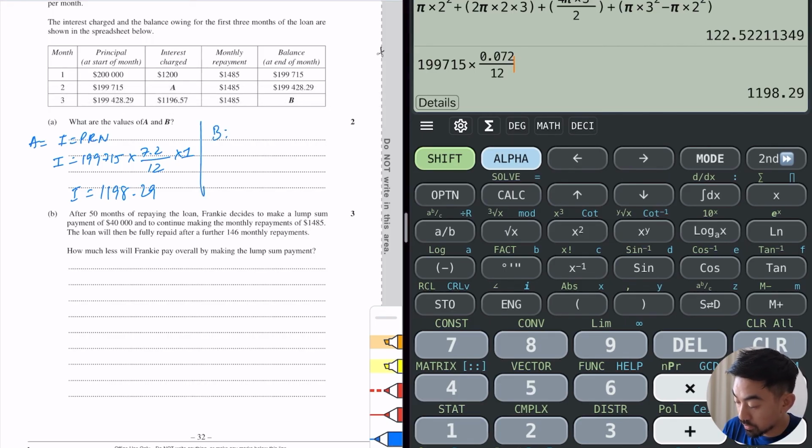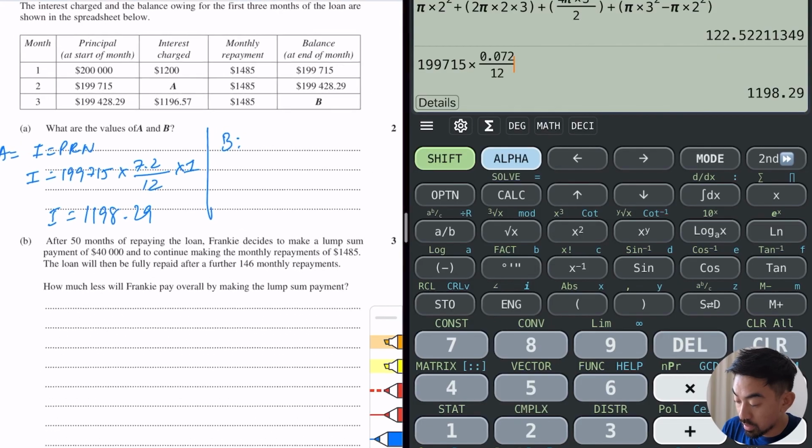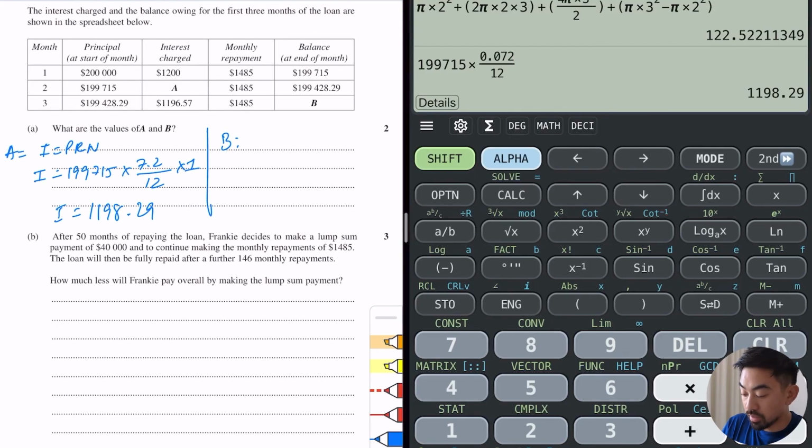And B is going to be, okay, so balancing at the end of the month, it's going to be P plus I minus R. So principal plus interest minus repayment. Pretty straightforward. So that's 199,428.29 plus the interest minus the repayment.